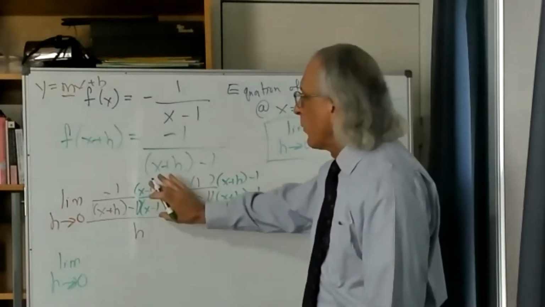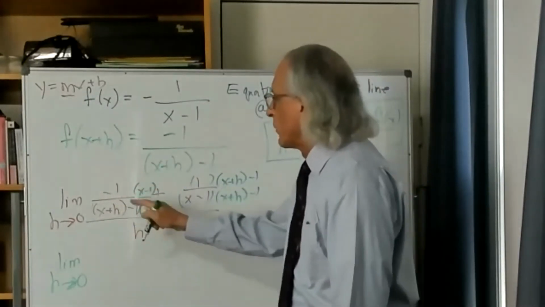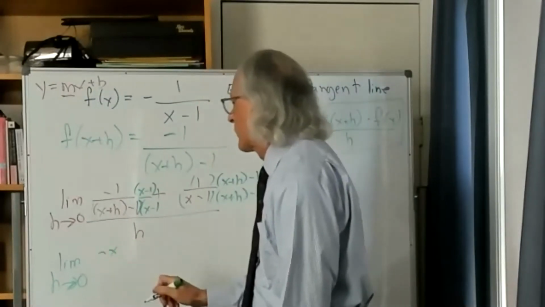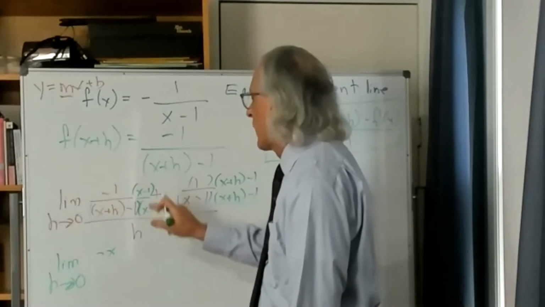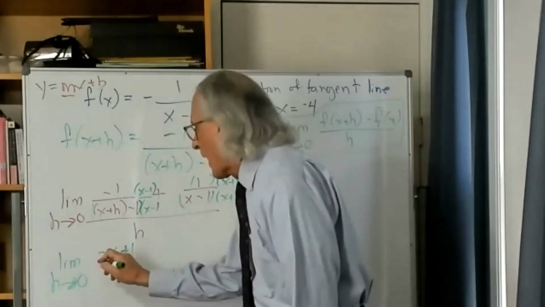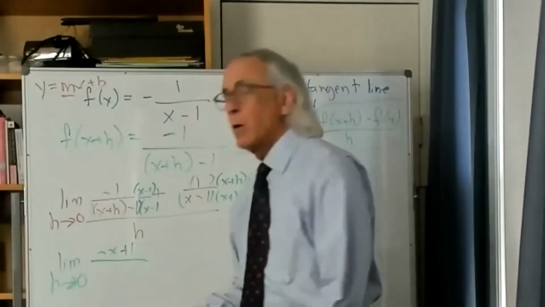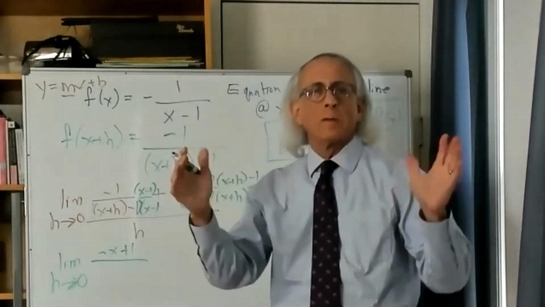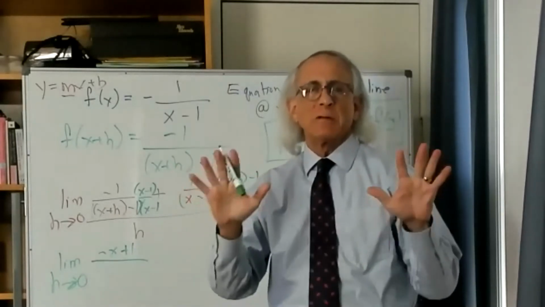So I'm going to multiply this right here. So -1 times x would be negative x, and -1 times -1 would be +1. And that is over... Now, watch how I'm going to write this, because I don't want you to FOIL this out. I want you to leave it in factored form.